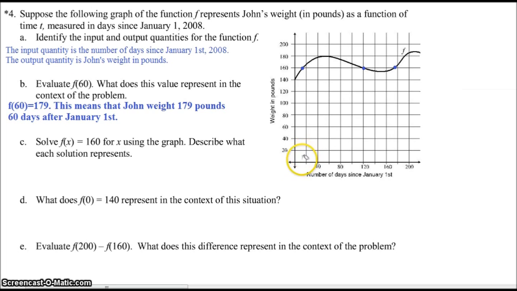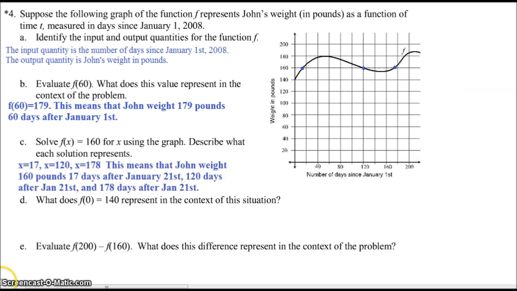We see that those are about a little less than 20, maybe like 17, right at 120, and a little less than 180, maybe 178. So again, x is 17, x is 120, x is 178.